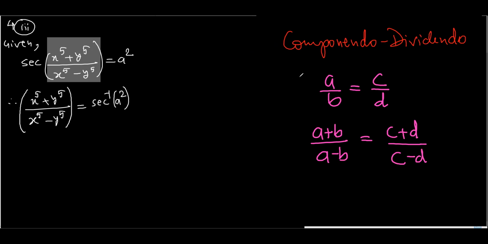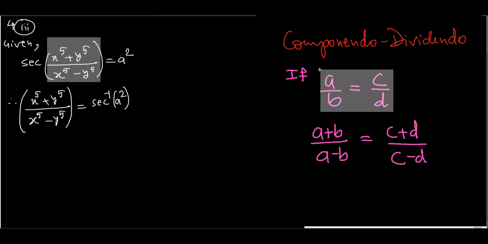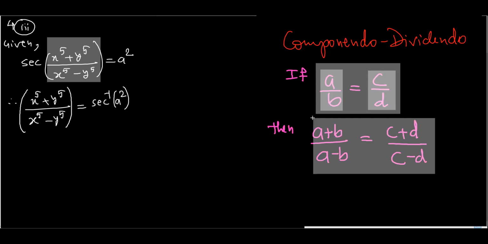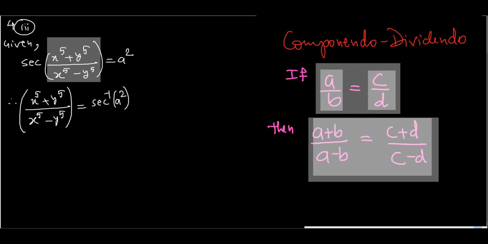It means if A upon B equals C upon D, if this ratio is equal to this ratio, then this is also true.